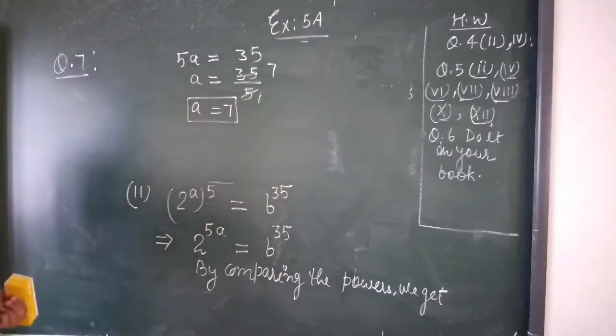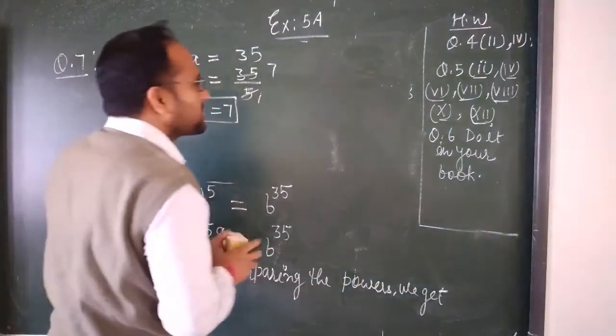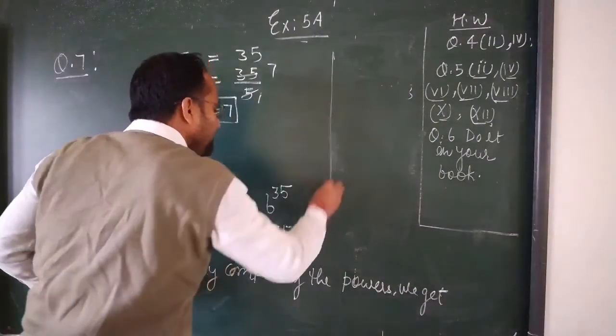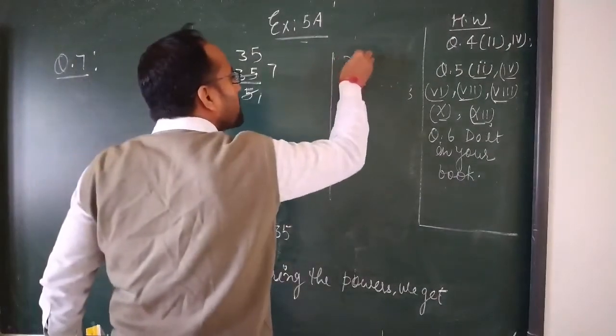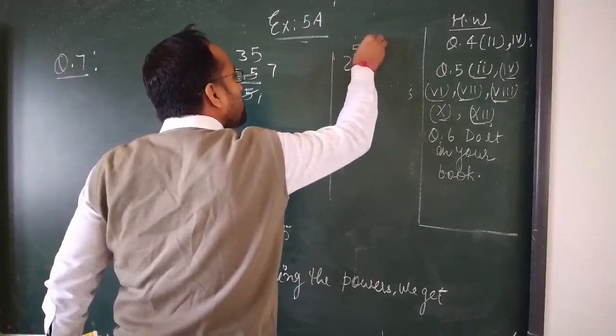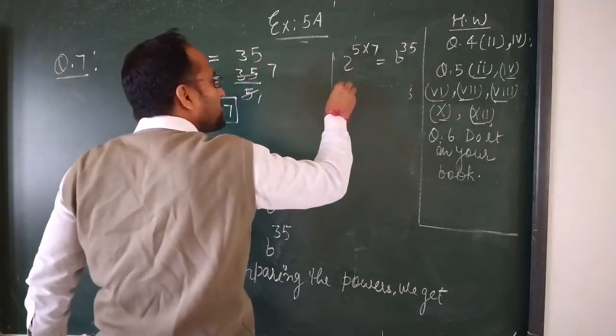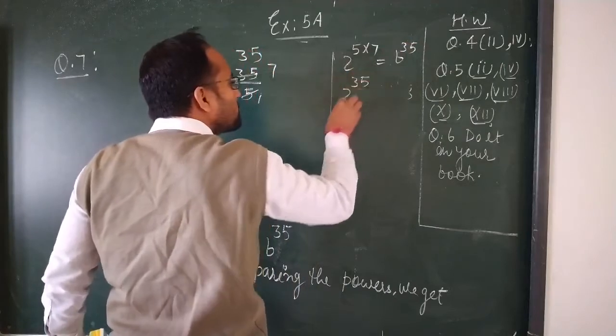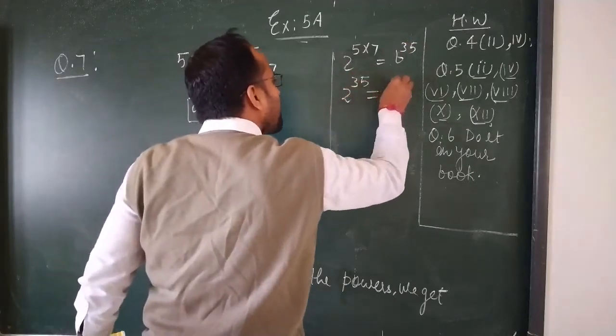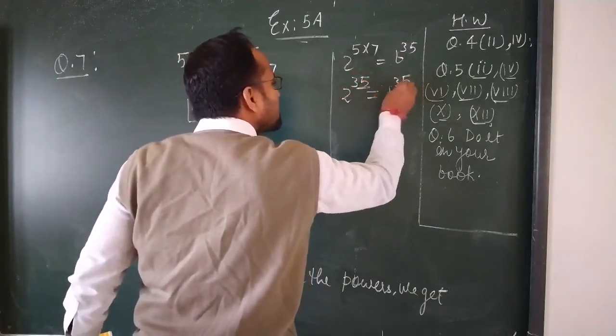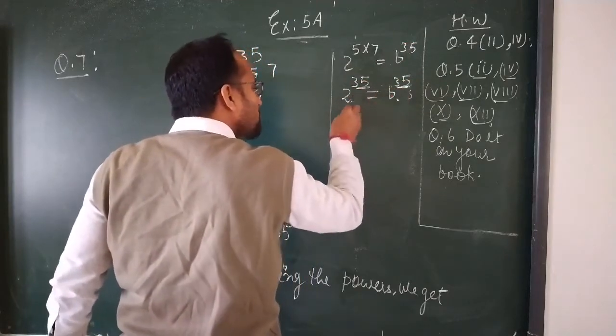Okay, so after that, if you put this value, see here, students, you will get A is equal to 7. Put this value in 2 to the power 5A: in place of A, you will write 7, and B to the power 35. Then you will see 2 to the power 35 is equal to B to the power 35. If powers are equal, it means that the base is also going to be equal.